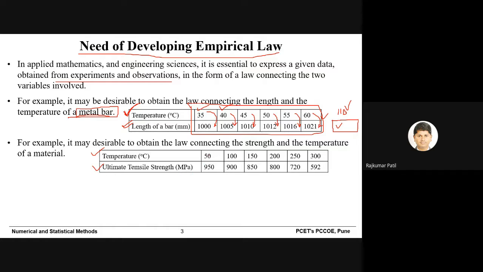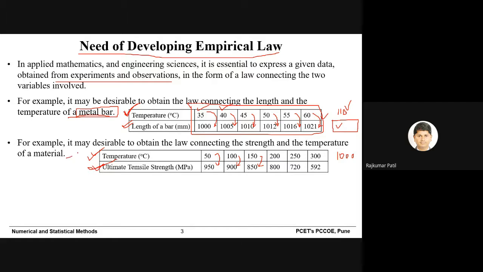Therefore, whenever we decide to use any material, we should test it under different temperature conditions, and for different temperatures you will get different values of, let's say, ultimate tensile strength. Again, by using these values, develop an equation, and you can find out what the strength of the material will be at 1000 degrees Celsius, and accordingly design the component or, for example, the ship.